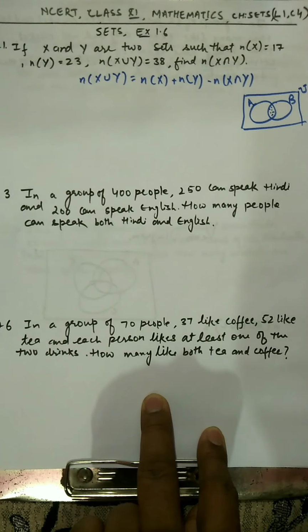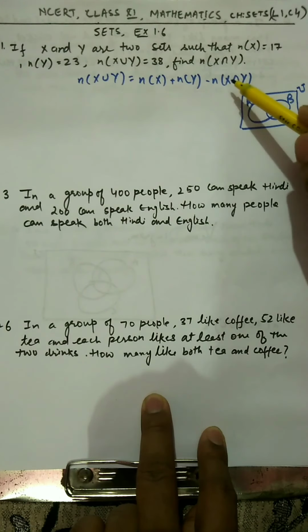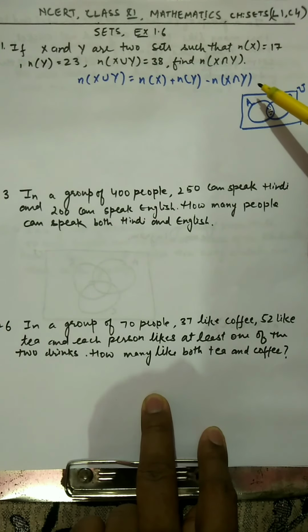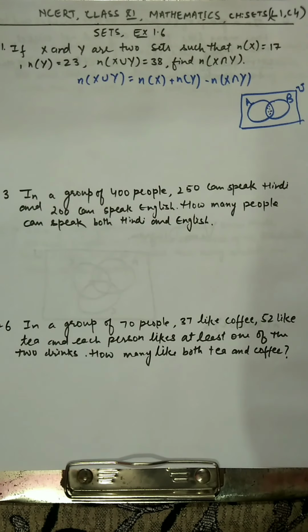When I count the number of elements in B, I again count this portion, so the middle portion is counted twice. That has to be subtracted once, so you subtract n(X intersection Y) once. So the formula is n(X union Y) is equal to n(X) plus n(Y) minus n(X intersection Y).